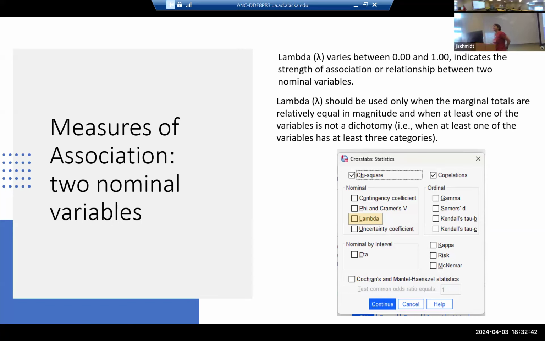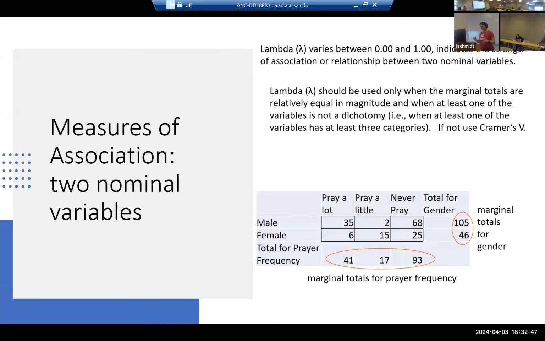Well, I mean, lambda is used if it looks like there is an association happening, then you would run the frequency table to see if these are balanced. If they look balanced, then run lambda. If your sampling is highly skewed, like for some reason you got more males to respond than females, then you would do the Cramer's V. So it's not really based on whether I think there's a high association or a moderate association.